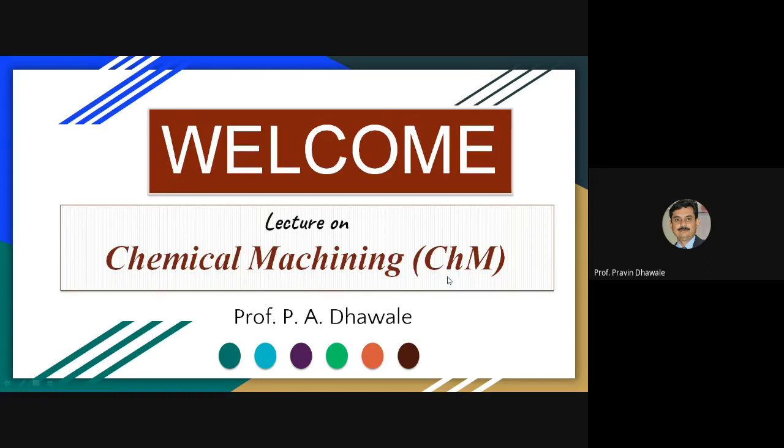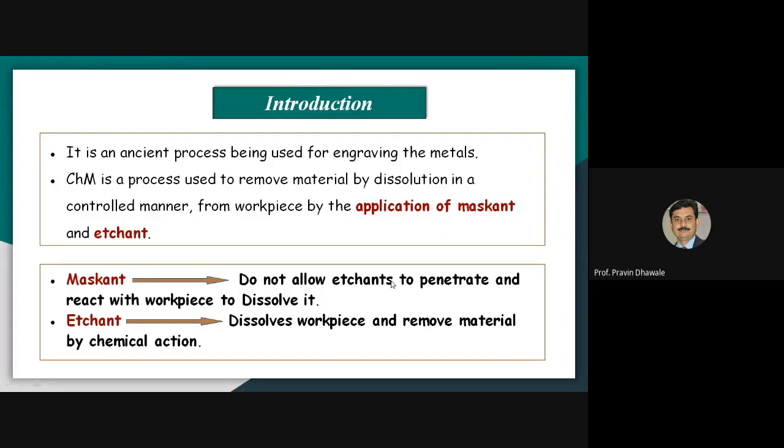In short, it is represented by CHM, CH for chemical, M for machining. This process has been used from olden days to engrave metal in a desired shape. From ancient days, this process is used by human beings.